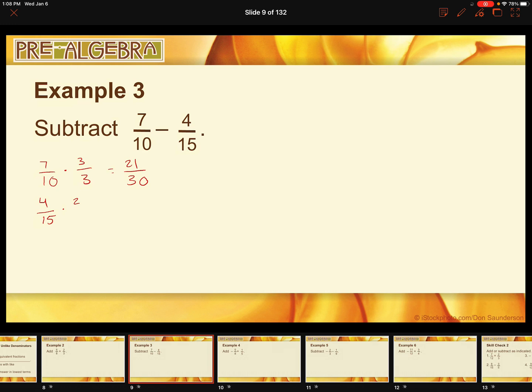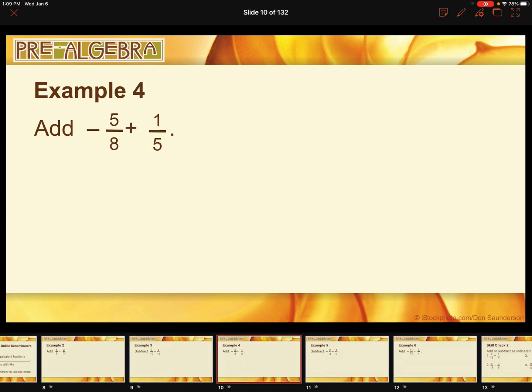And 4 over 15 times 2 over 2 to get 8 over 30. I'll rewrite my problem. 21 over 30 minus 8 over 30 to get 13 over 30. And that's already in simplest form, so I'll leave it as is.